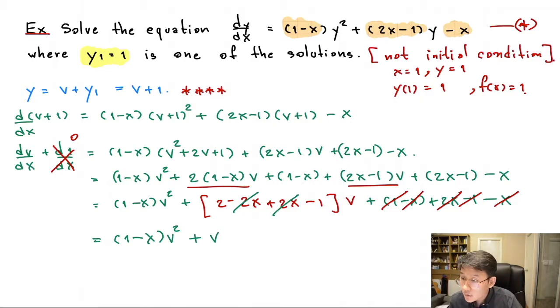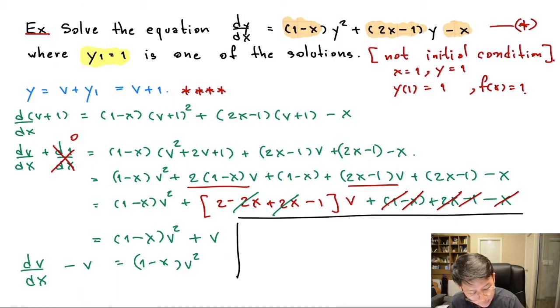Then I move this guy to the left hand side. Let me write it slowly. We have dv minus v dx equals (1 minus x)v squared dx.